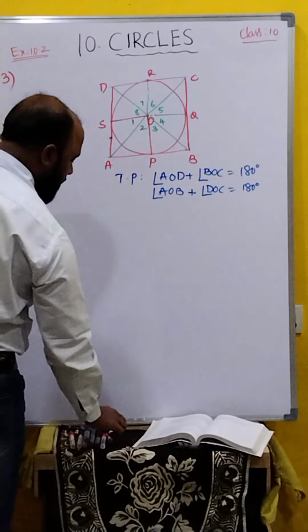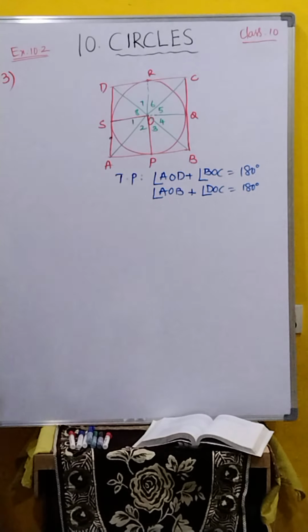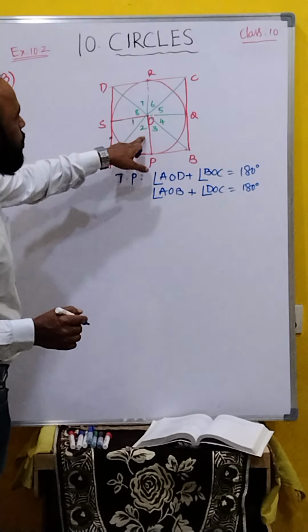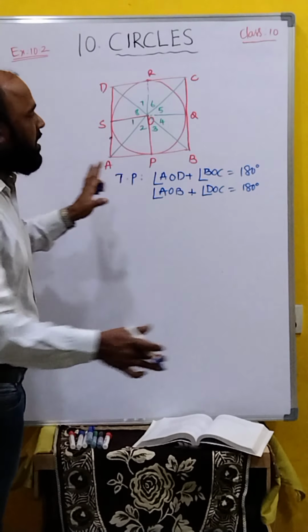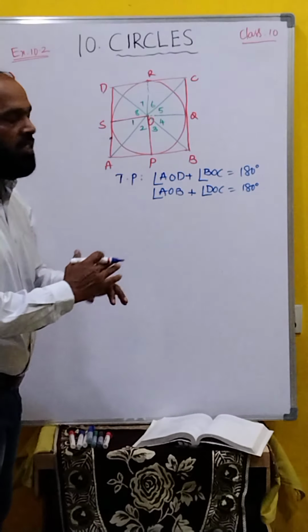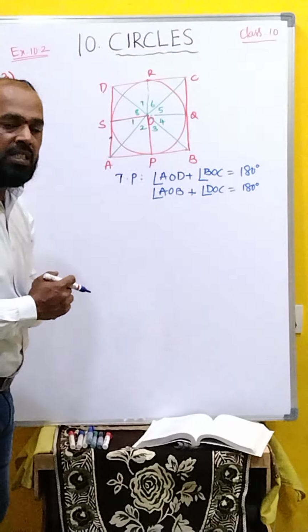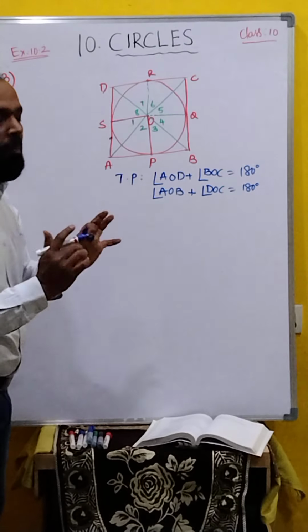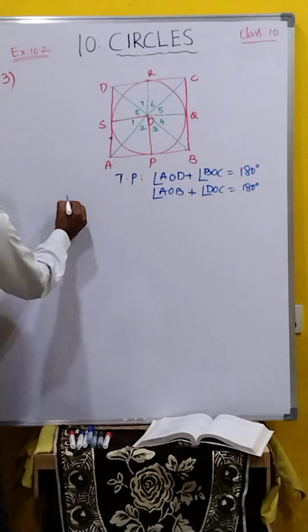Observing this, what is given here? 1, 2, 3, 4, 5. This complete angle we know. Sum of all 8 is equal to what? It's 360 degrees. It is a complete angle. I am writing that.